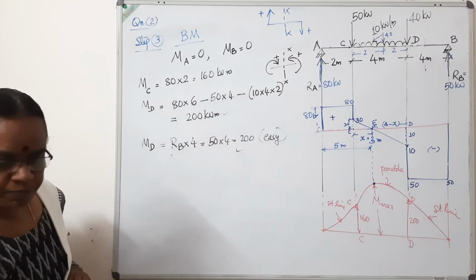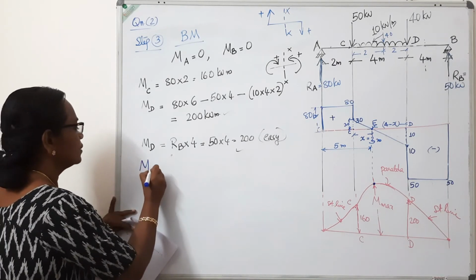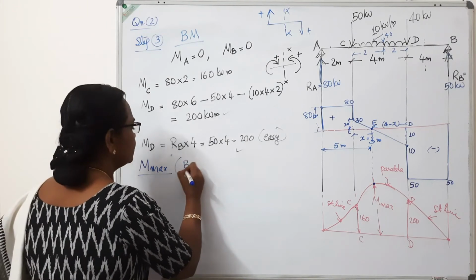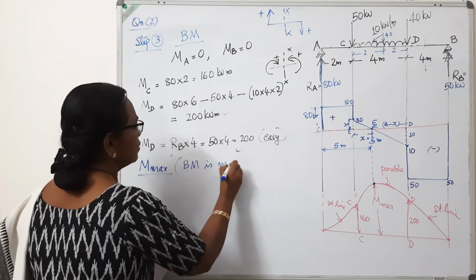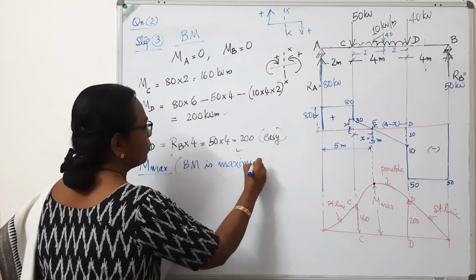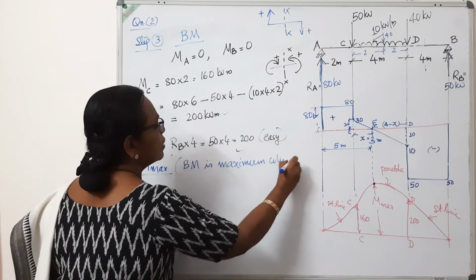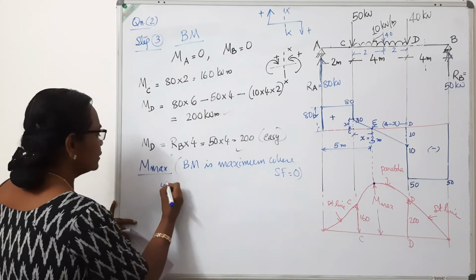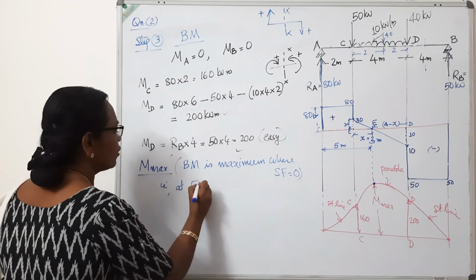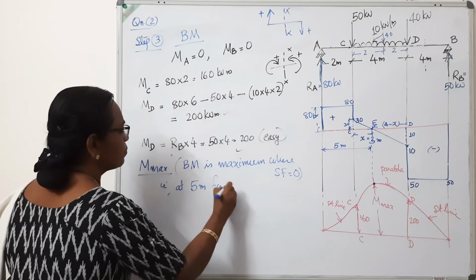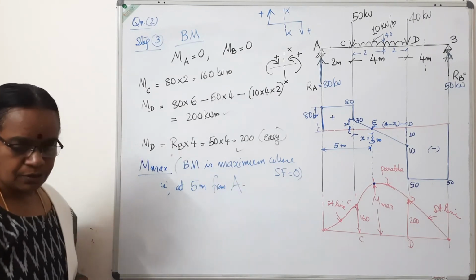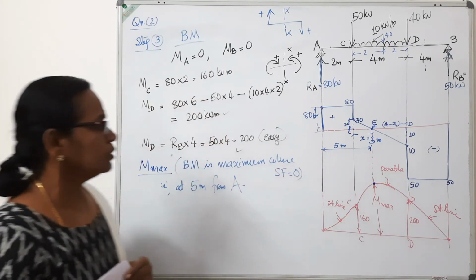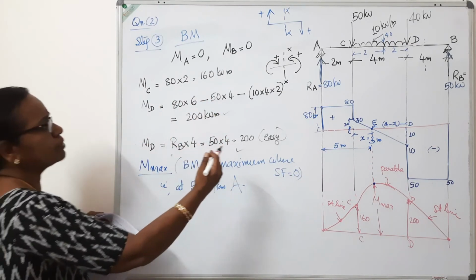Next aim is to find the maximum bending moment, M max. Bending moment is maximum where shear force is 0. So that is at 5 meter from left support A. So let us find out the bending moment at 5 meter from here.